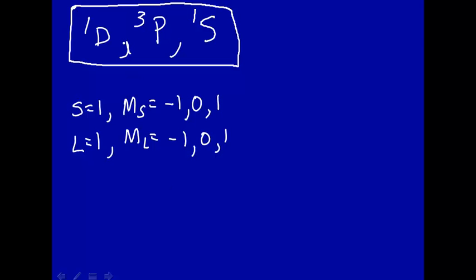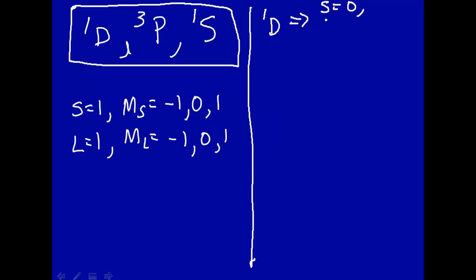Well, let's start thinking about the J. So 1D, this implies that S equals 0 and L equals 2. So this implies that J can go from S plus L to S minus L in integer steps, and that's just J equal 2.